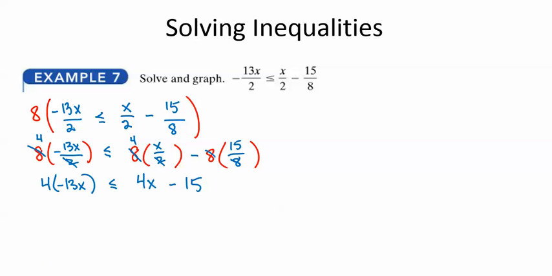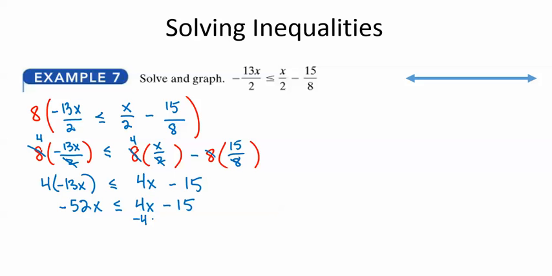So we've simplified this a lot. We don't have those complicated fractions. I still do need to multiply out 4 times negative 13, which is negative 52x less than or equal to 4x minus 15. Now at this point, I can either leave my x's on the left side, and when I divide by a negative number, which I will have, I will reverse the direction of the inequality.